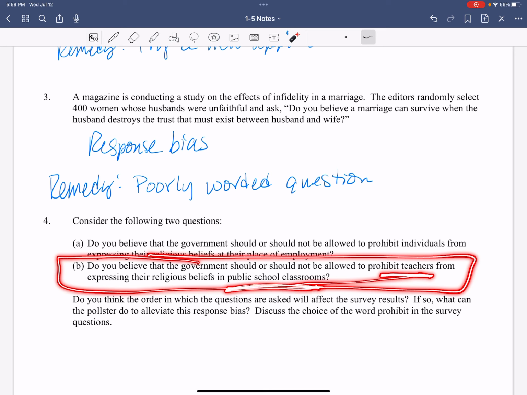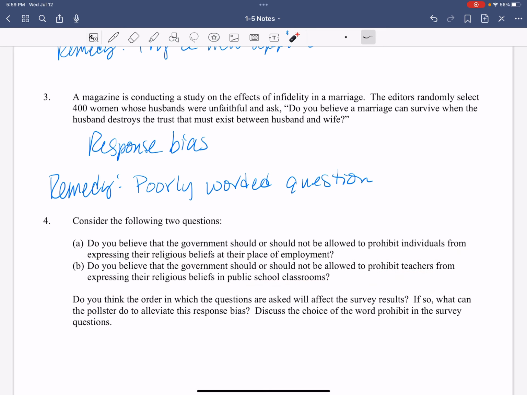Do you see what just happened there? Gotcha. So if you change the order, because that's part of question ordering, right, is one going to affect the other if you ask one first and the second one? So that's part of that bias where you're changing the order back and forth, right? Ordering those questions, okay? So do you think that order is going to affect the survey results?